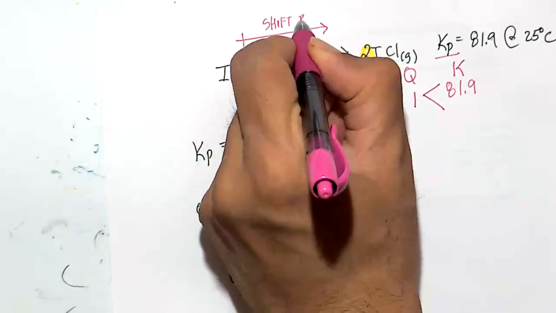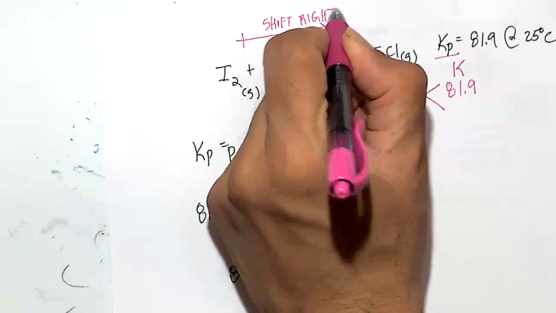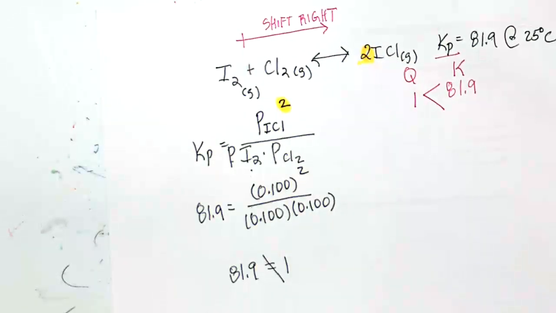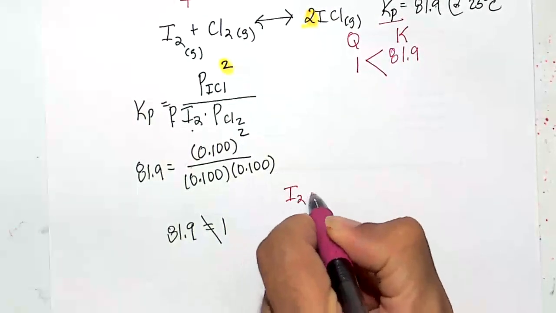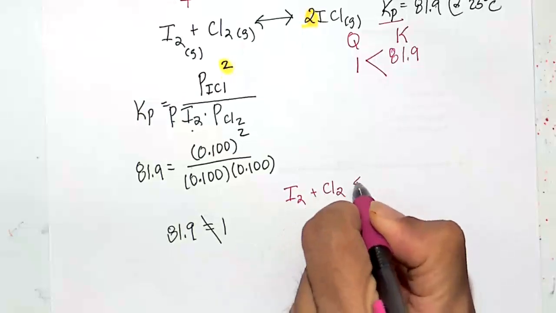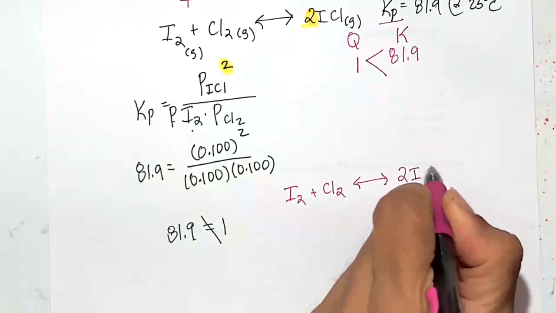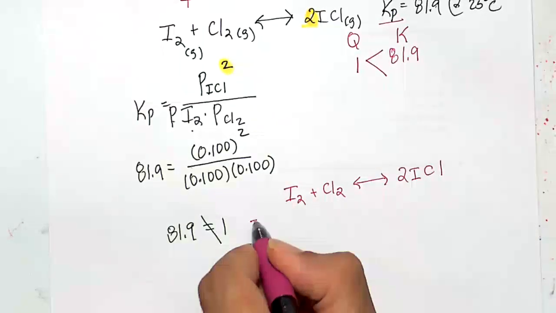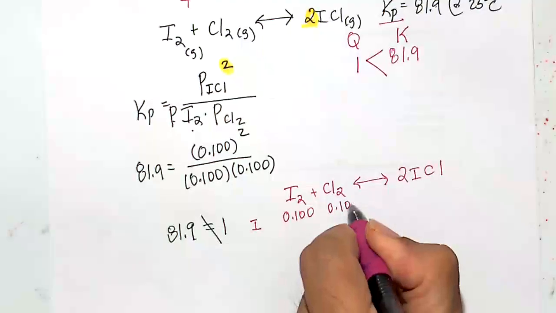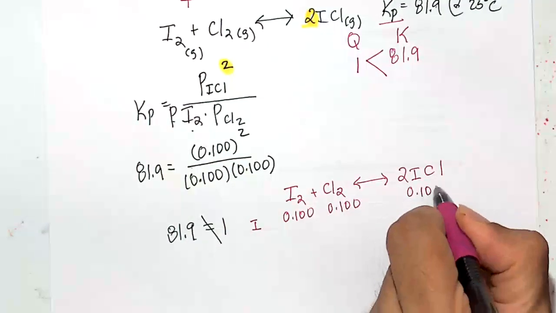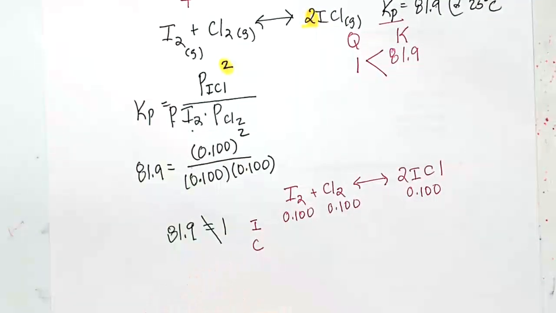So when we make our ICE table, our next step is to make it with the reaction going to the right. So I2 plus Cl2 goes to 2ICl. Initially we have 0.10, 0.10, and 0.10.